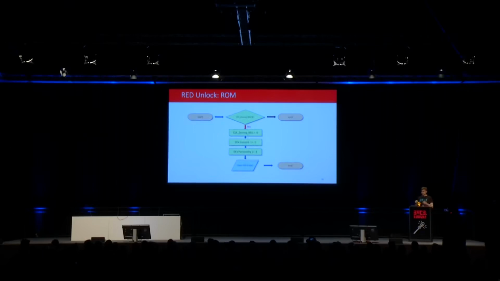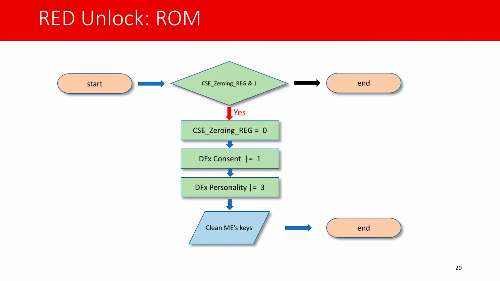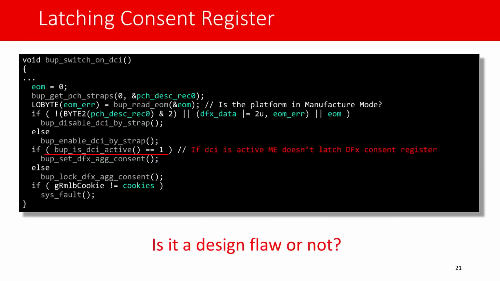After that, ROM checks the CCS zeroing register, and if it's set, it cleans this register and switches on consent and personality. It means red unlock. After that, ROM is cleaning ME keys and working.